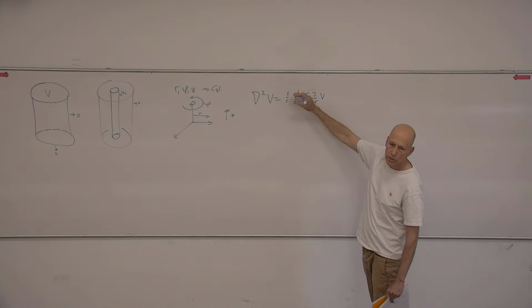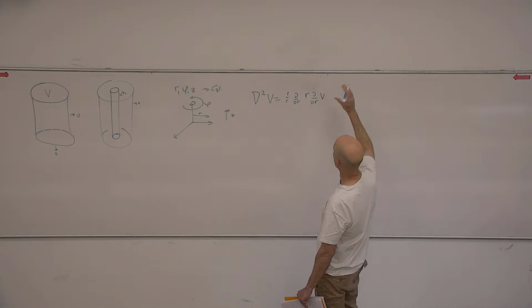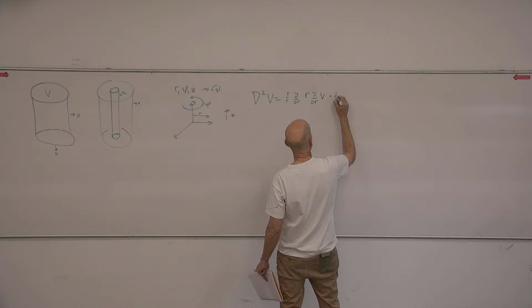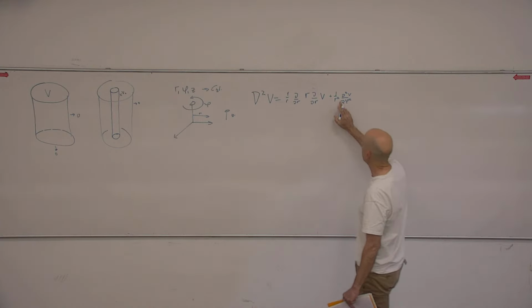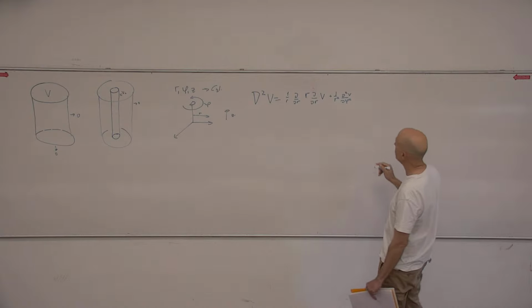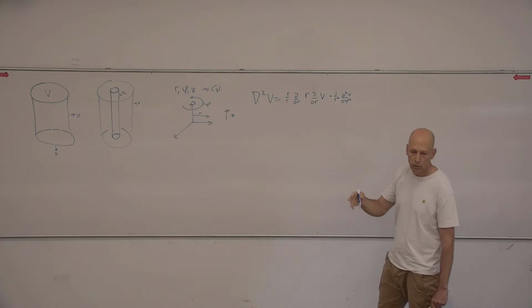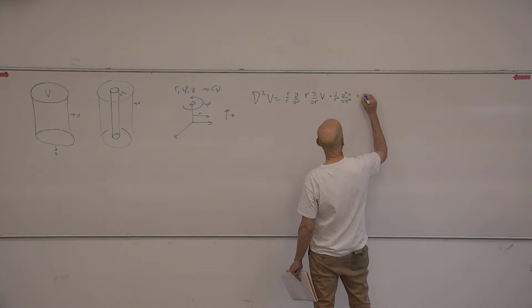So this object has units of 1 over meter squared. So this is, of course, at least correct units. And then you have plus 1 over r squared, d squared over d phi squared. Phi has no units, so this is 1 over meter squared. And then you can guess it more or less from the Cartesian coordinates. You have the derivative with respect to z.